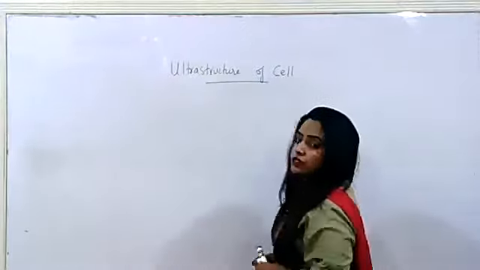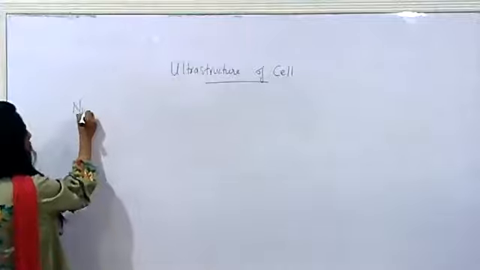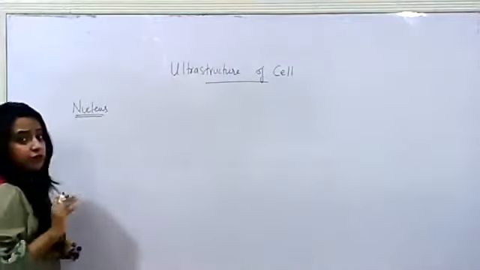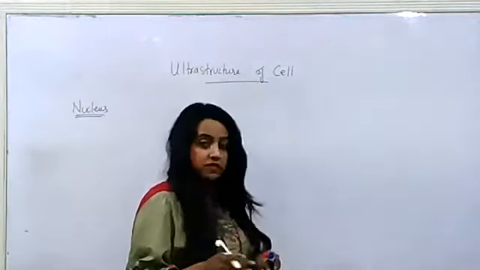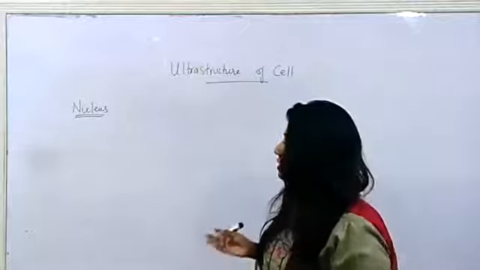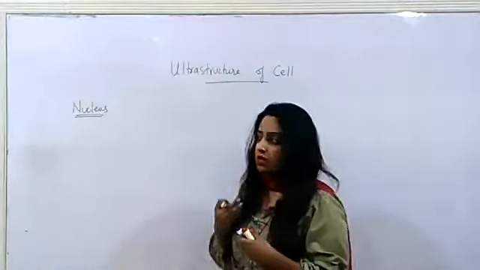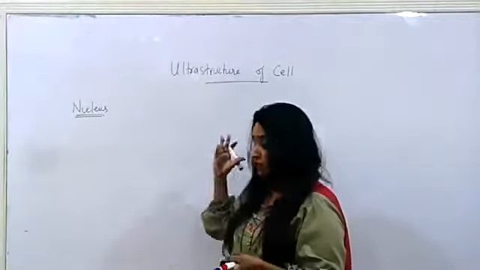And the very first organelle that we studied was the nucleus, right? That it is present both in animal and in plant cells, and the nucleus has a double membrane around it, termed the nuclear envelope. It has nucleoplasm, it has DNA, it makes ribosomes, it has nucleoli, etc., right?